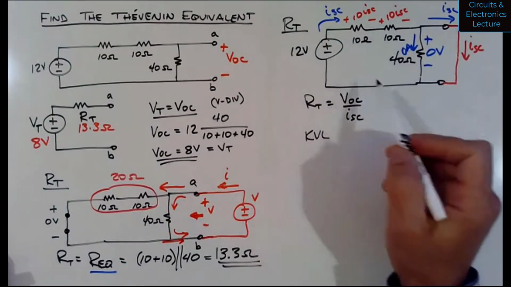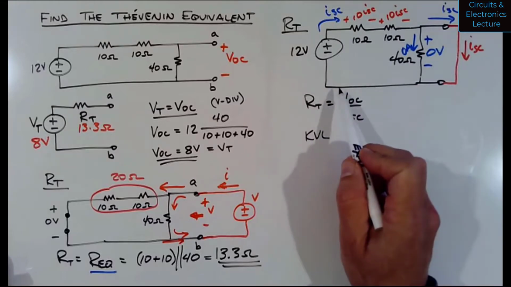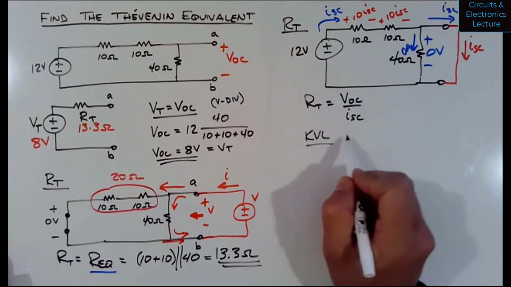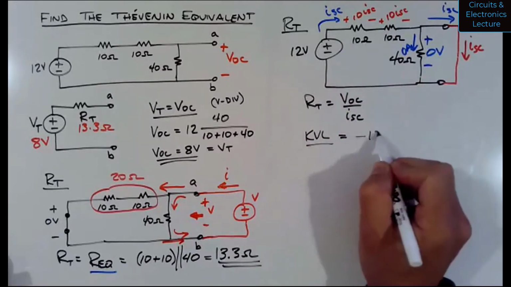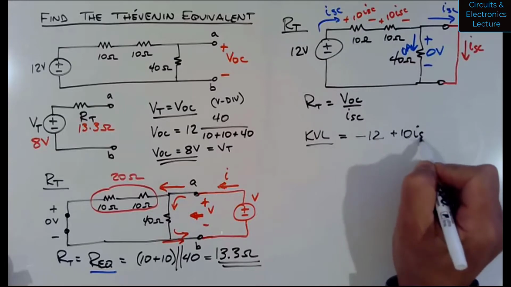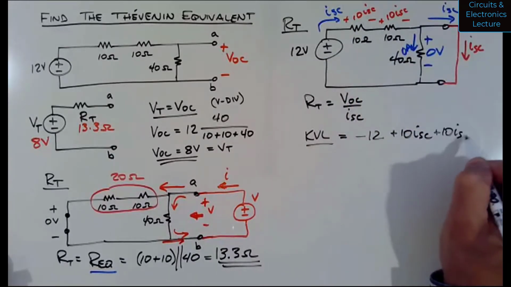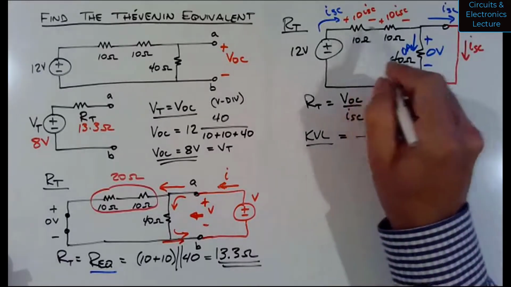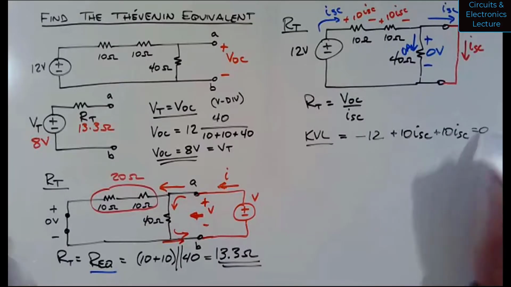Because if I write a loop around the outside, I have only ISC as an unknown. Minus 12 plus 10 ISC plus 10 ISC, back to the starting point, equals 0.